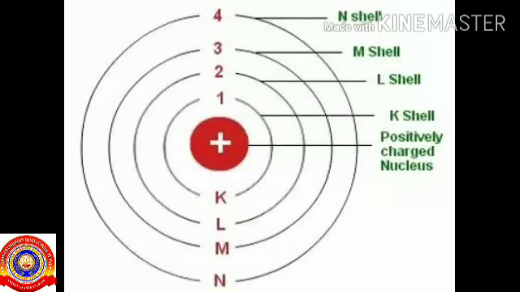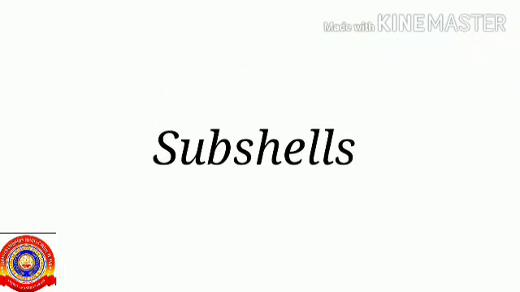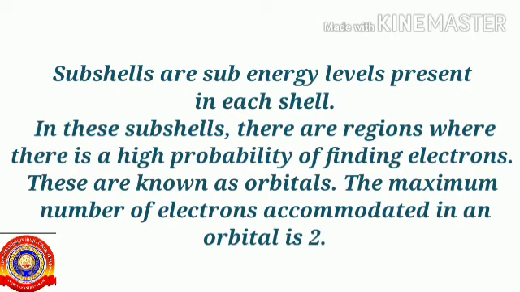You know that, according to Bohr atom model, the electrons revolve around the nucleus in a fixed path called orbits or shells, and these shells possess some energy. Inside these shells, there are sub-energy levels, which are called subshells. Subshells are sub-energy level in a shell.